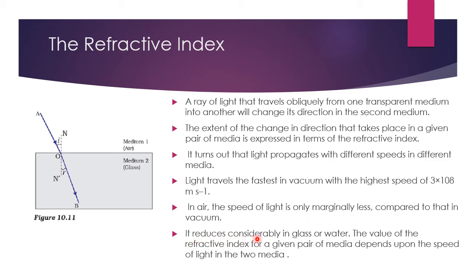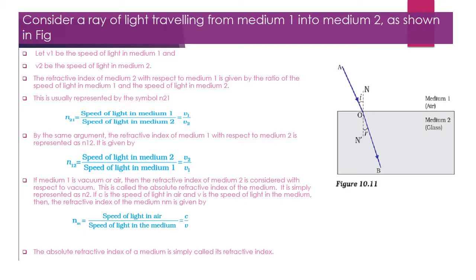It reduces considerably in glass or water. So the refractive index changes in glass or water, and the value of refractive index for a given pair of media depends upon the speed of light in the two mediums.